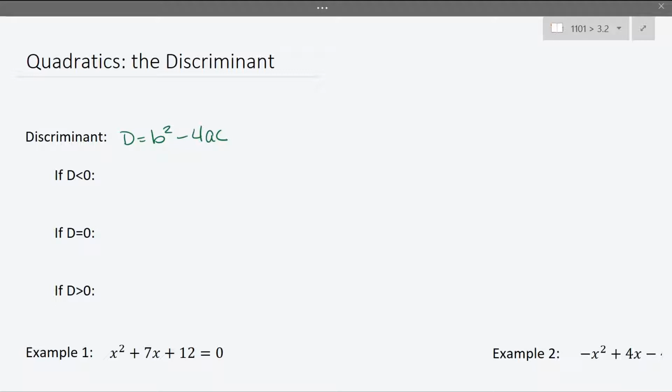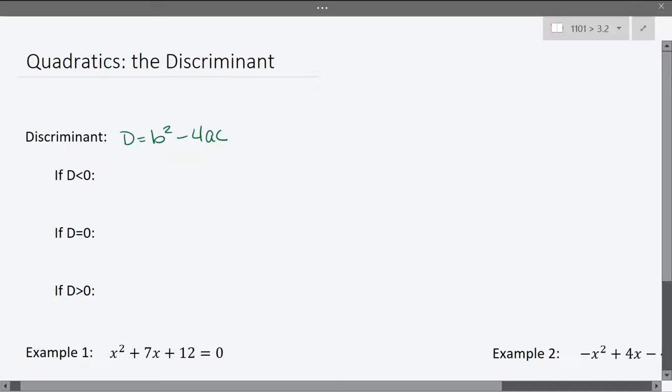So if we find our discriminant and it's less than 0, then our quadratic has no real solutions, which tells us that it never touches the x-axis.